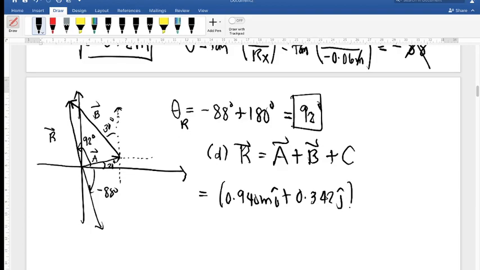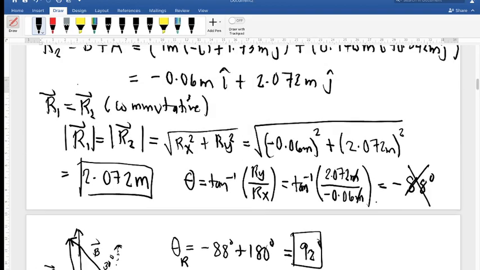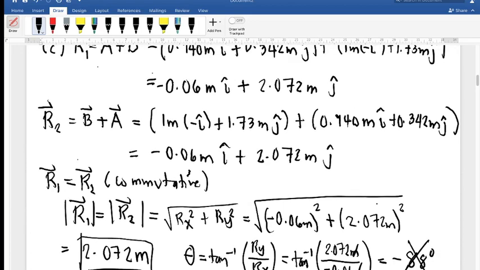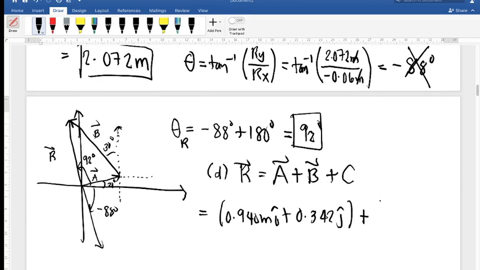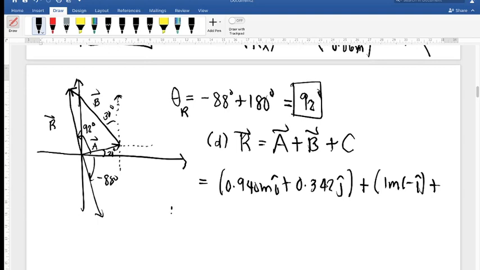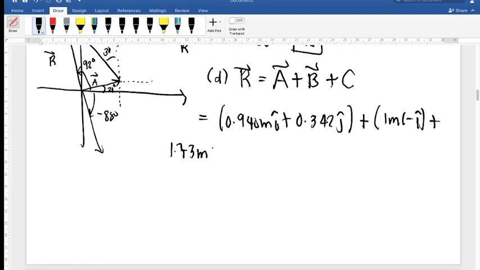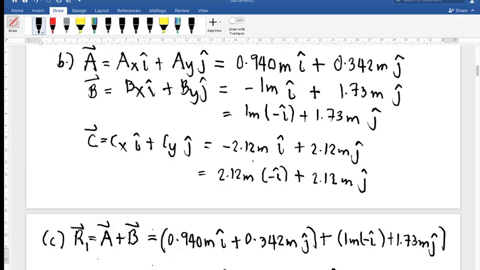Then next, how about your B? Your B is 1 meter negative i hat plus 1.73 meter j hat. How about C in terms of unit vectors?